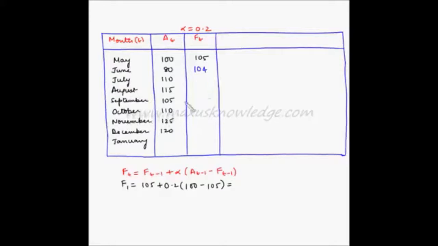Let's move to the next one, which is July. This will be equal to the forecast for June, which is 104, plus 0.2 into bracket 80 minus 104.